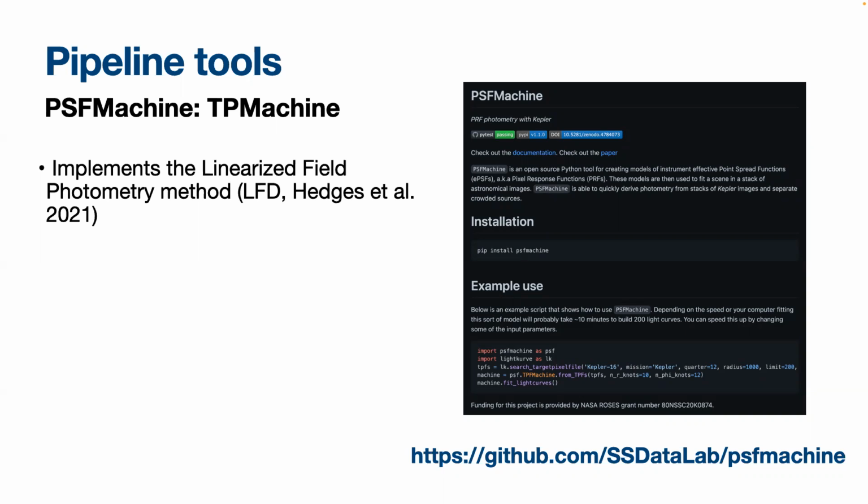What it does is implement a method that we call linearized field photometry, which was introduced in a paper by Christina last year. What it basically does is fix the location of the sources by using Gaia, for example, by using an input catalog. And then by means of fitting a linear model, it computes a PSF model and then extracts the photometry.